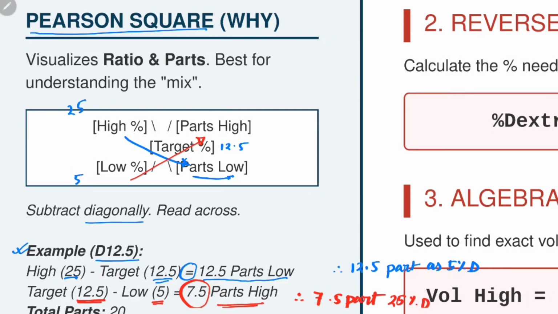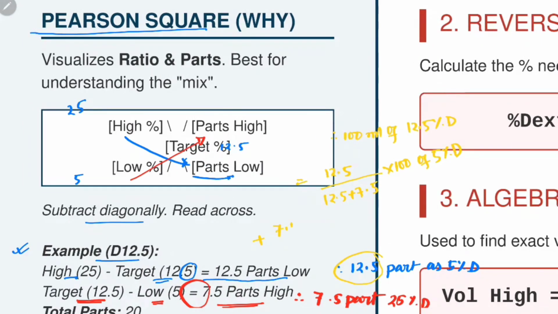So the final formula: 100 ml of 12.5% dextrose needs how much 5% dextrose? 12.5 parts. That means 12.5 divided by 12.5 plus 7.5, into 100 ml of 5% dextrose, plus 7.5 parts of 25% dextrose.